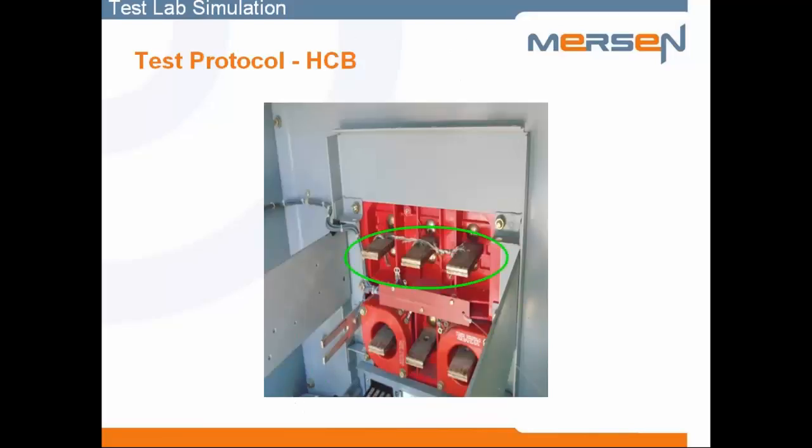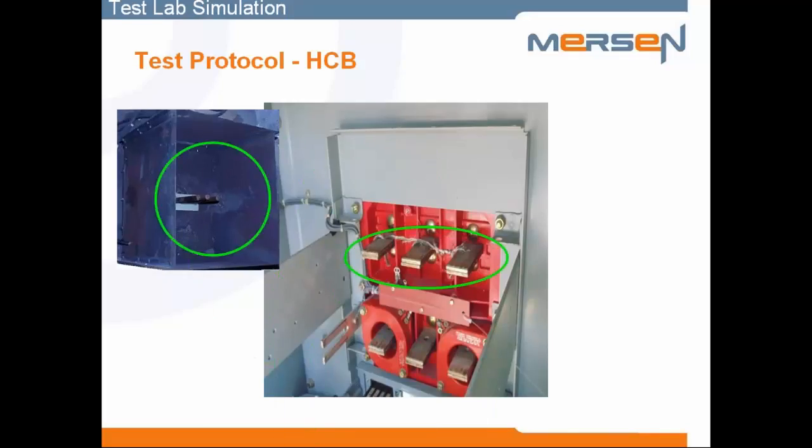The test configuration chosen in this feeder breaker compartment is very similar to the HCB test configuration being used by the IEEE and NFPA collaboration, where the horizontal electrodes shown here will electromagnetically eject the arc plasma outward towards the measuring devices or the worker, should that be the case.